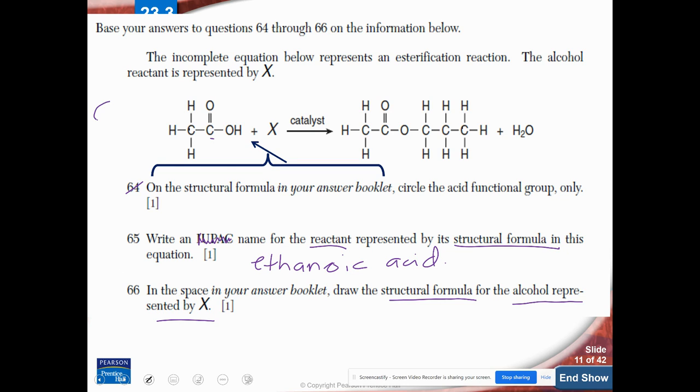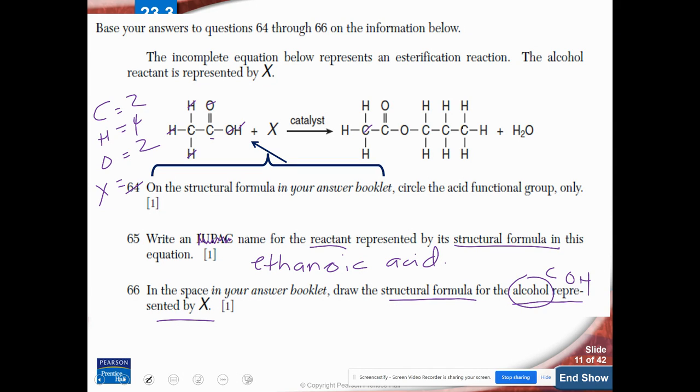I've got 2 carbons. I have 1, 2, 3, 4 hydrogens. I have 2 oxygens. And I have X. I know it's an alcohol. So I know I'm going to have an OH. And I know I'm going to have some number of carbons. It's just a matter of how many carbons.